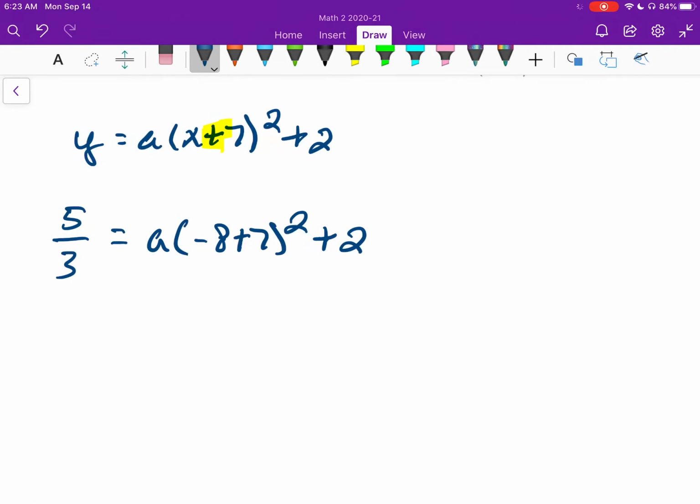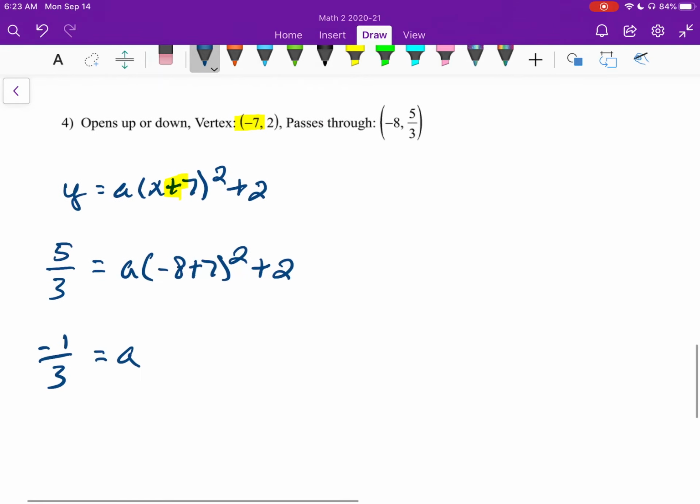All right, whenever I subtract my 2 over, if I get common denominators, that would be 6/3, right? So it would be negative 6/3, so I'm going to have negative 1/3 equals, well, negative 8 plus 7 is 1. 1 squared is just 1, so this is going to be a. So negative 1/3 is a. So y equals negative 1/3(x plus 7) squared plus 2.